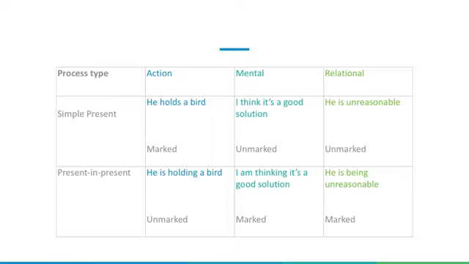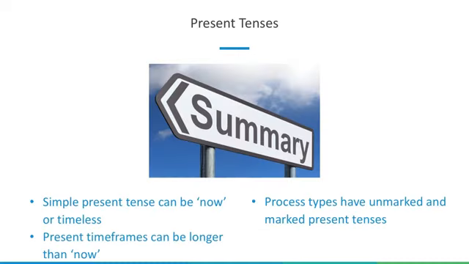We have action processes. The unmarked tense is the present in present. For mental processes, the unmarked tense is the simple present. And for relational processes, the unmarked tense is also the simple present. So that's it.